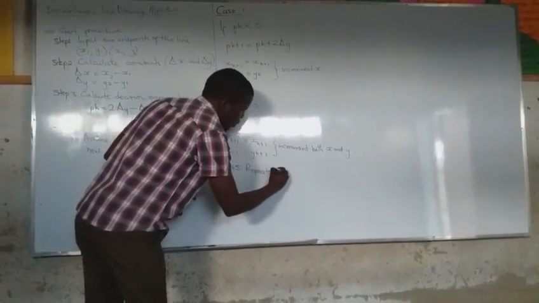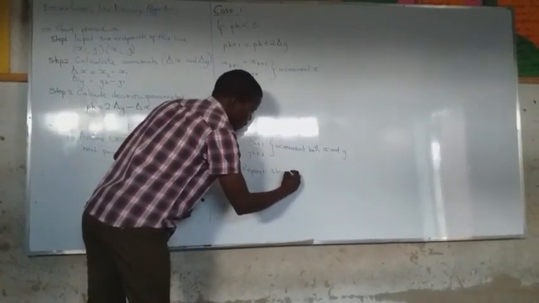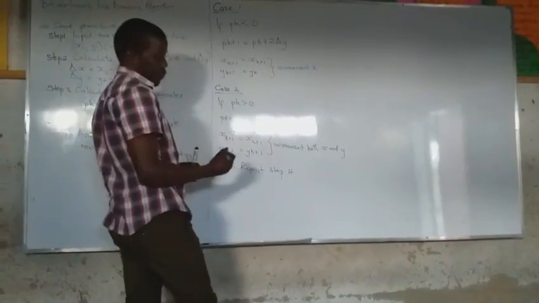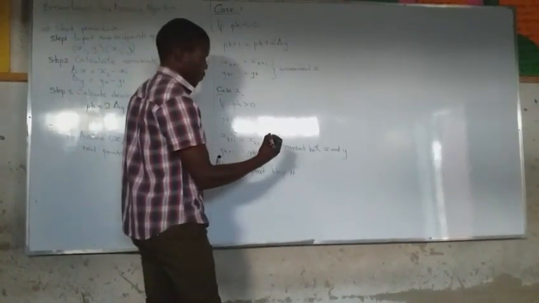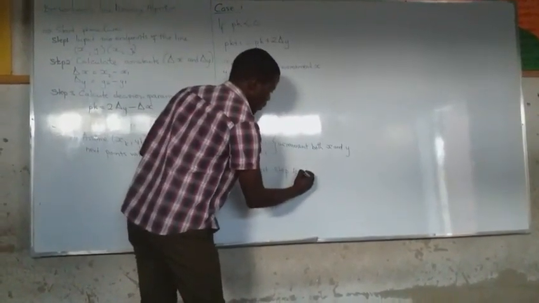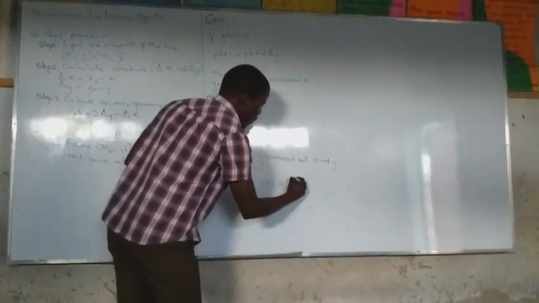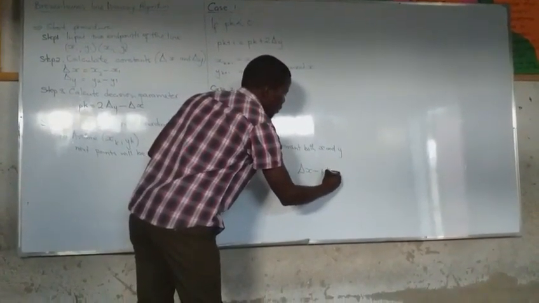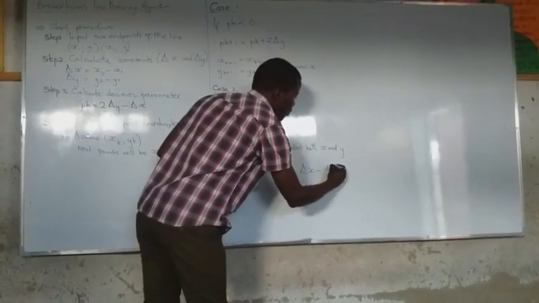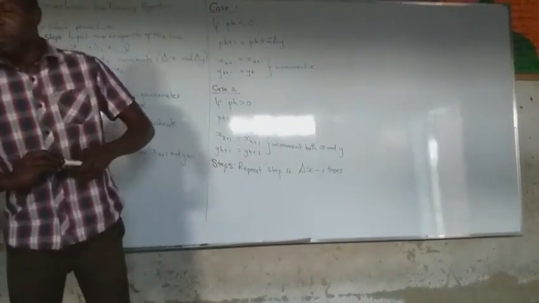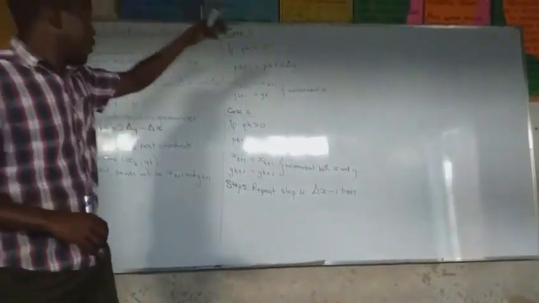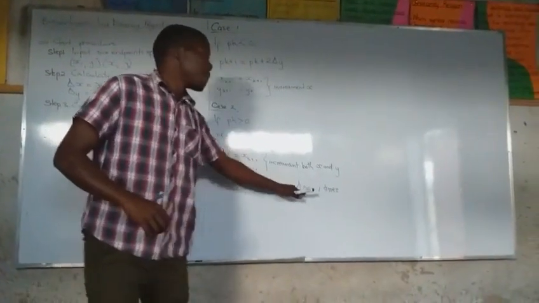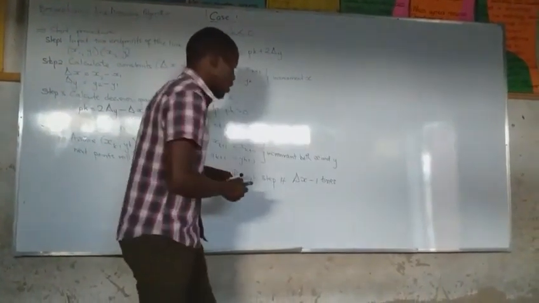You repeat step 4, delta x minus 1 times.